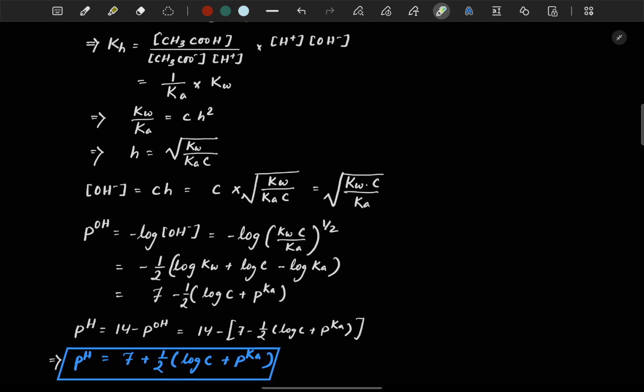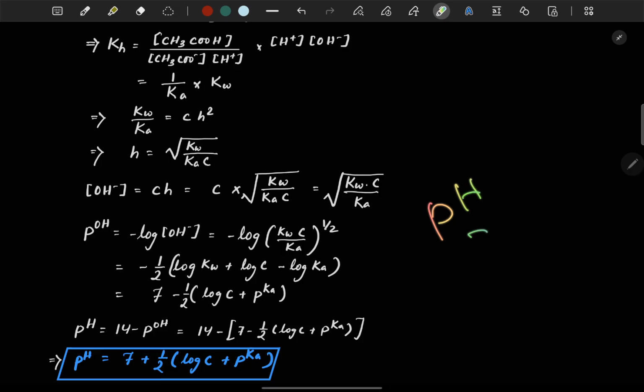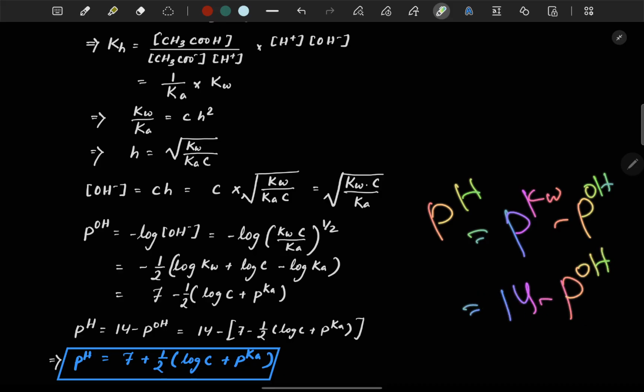So what is pH? pH is equal to 14 minus pOH, because we know again at 298 Kelvin pKw is equal to 14, and pKw is equal to pH plus pOH. So pH will be pKw minus pOH, or we can say this is 14 minus pOH.